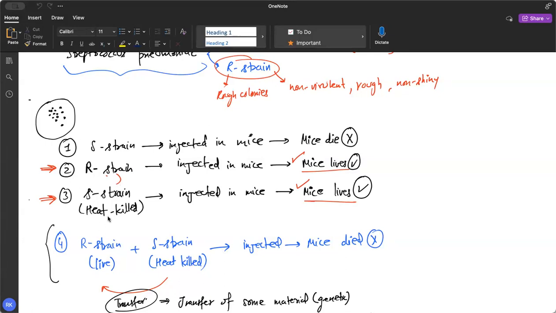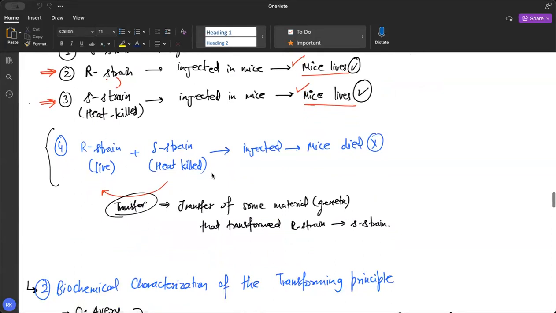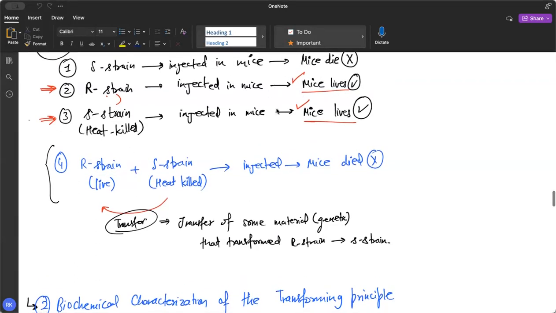So the immune system won over the heat-killed S strain, and the mice lived. But the interesting thing was when he mixed the heat-killed S strain, which was unable to kill the mice, with the live R strain, which was also unable to kill the mice. This time the mice died.